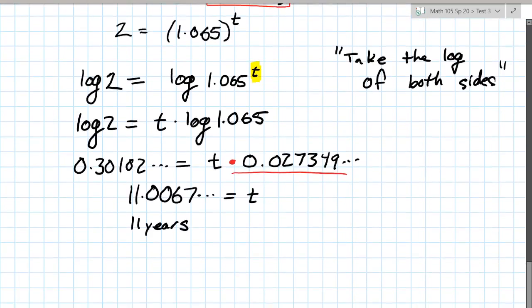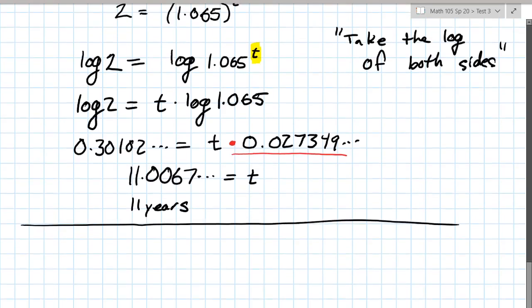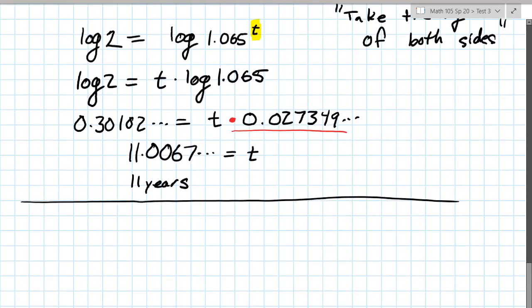There's a rule that comes up because of all these log rules and doubling, and this is a pretty common thing. And the rule for doubling time is take 72 and divide it by the growth rate.